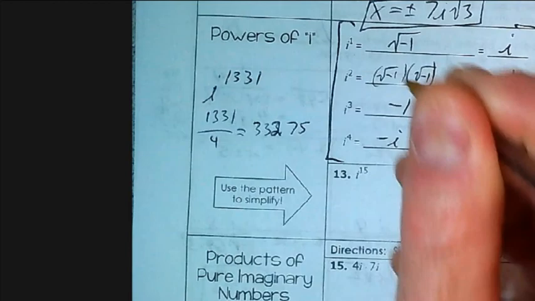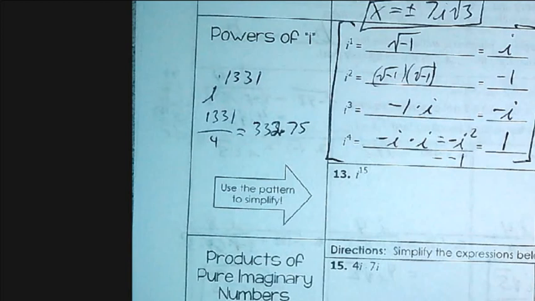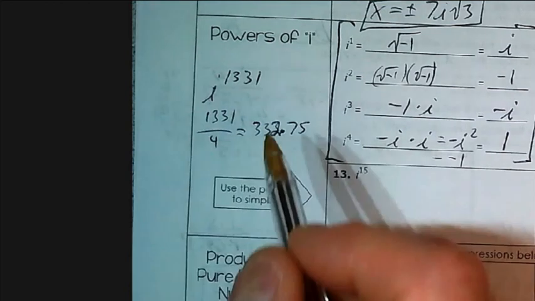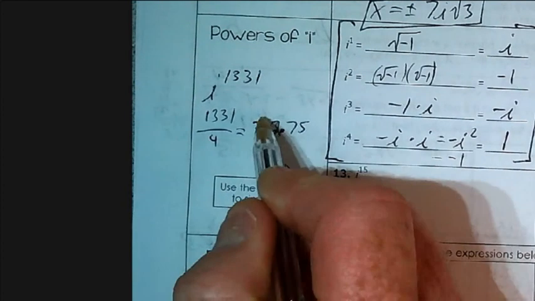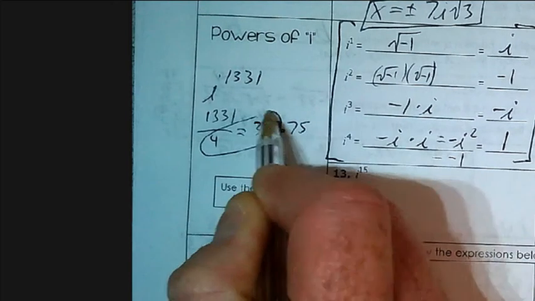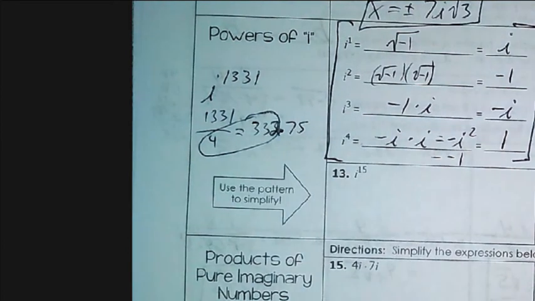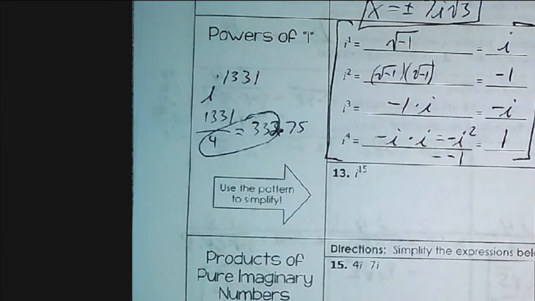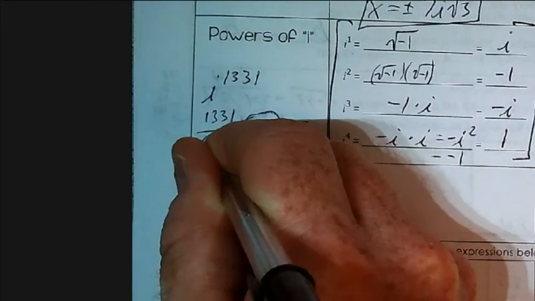Now, if I want to go directly to my remainder without having to think very much, there are multiple ways to do this. This is just one way. If I want to know what my remainder is, I'm going to multiply the whole number part of this decimal by the 4. That's going to give me 1328.